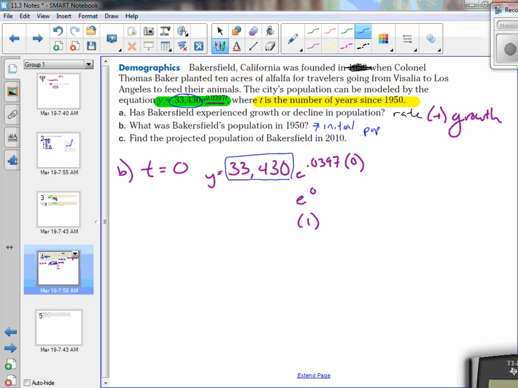All right? And then finally, in part C, we're actually going to find a projected population. That says in 2010. So 2010 would have been how many years from 1950? That would be our time. So 60 years. So we're going to have to use the calculator to figure this one out.